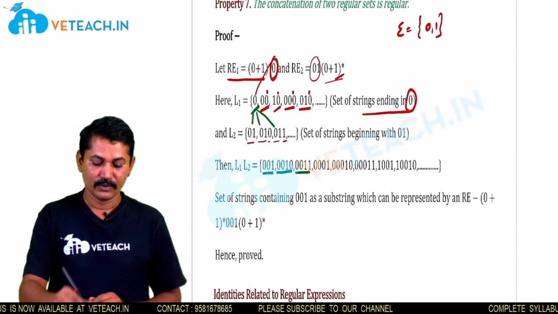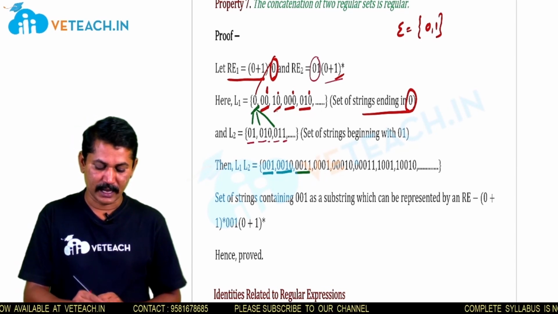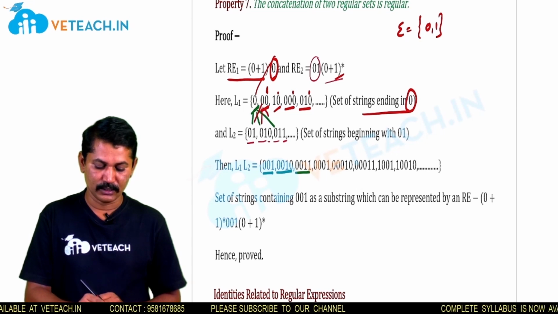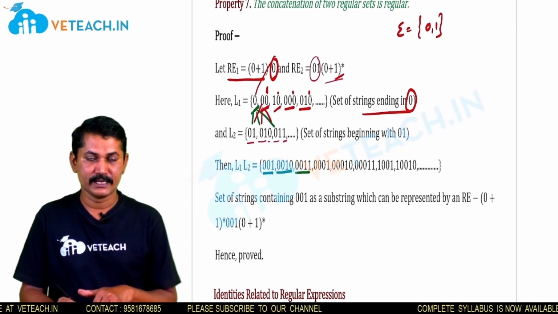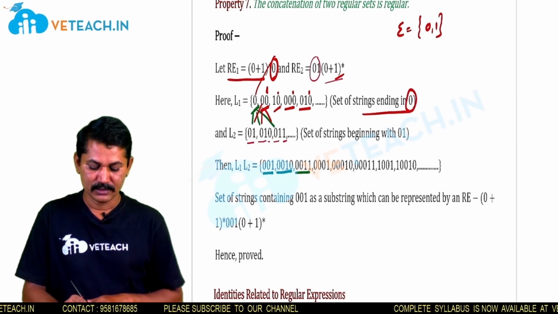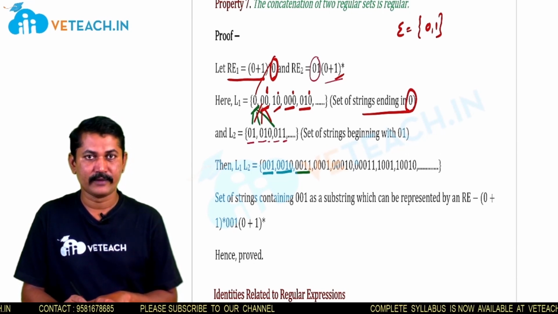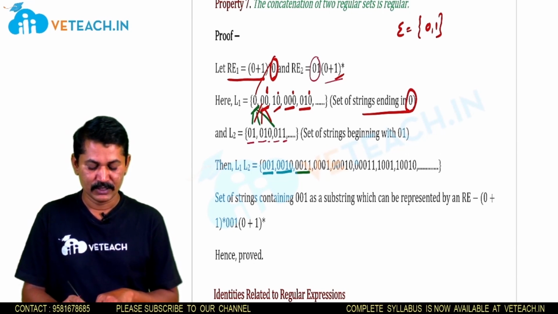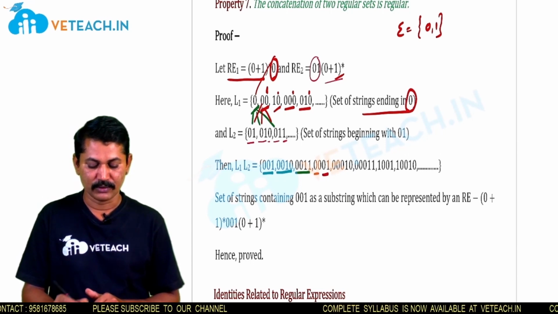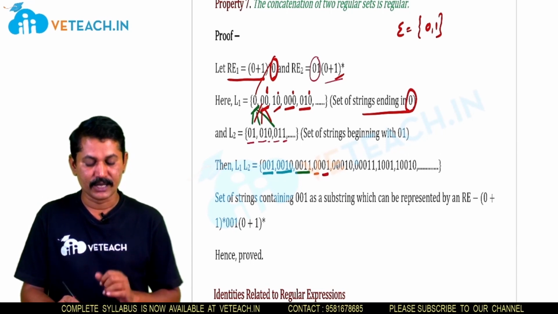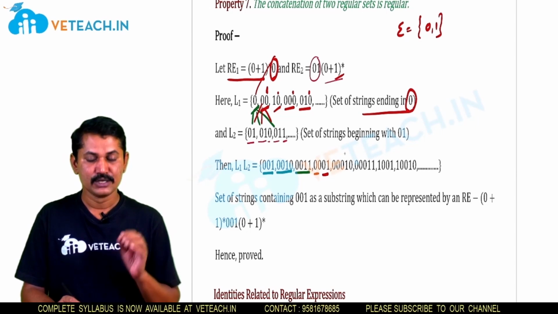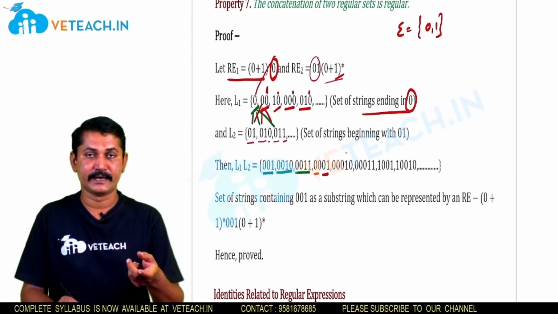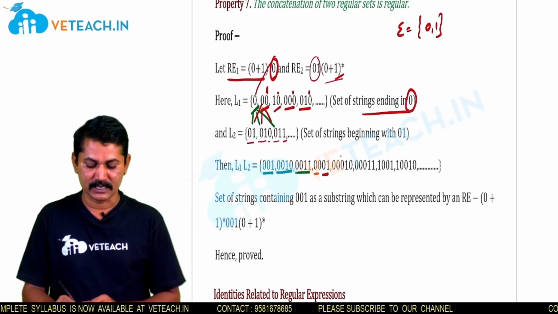Next, make a note, the string 00 in L1 has to be concatenated with all these three. The first string of the second language is 01 along with 00, giving 0001. Again, the second string of the second language is 010, which has to be concatenated with the second string of the first language.